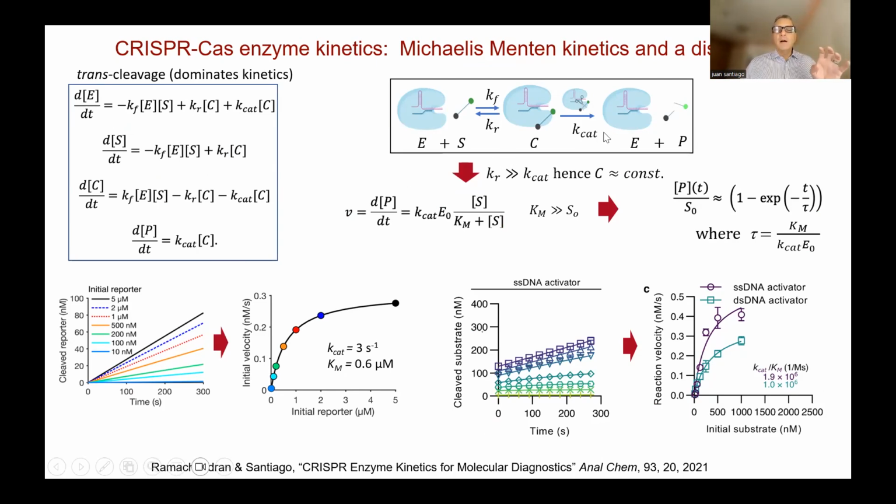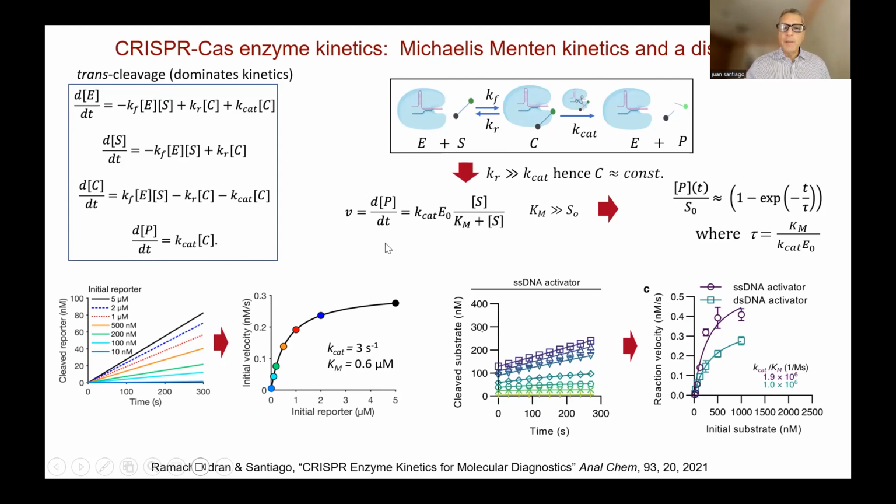Under the Michaelis-Menten approximation, where the complex concentration is relatively steady, you can have this simplified equation for the velocity of the reaction, where the rate of production of product, in this case cleaved reporter, scales with this kcat, which I've already mentioned, the catalytic conversion rate, and this Km, the Michaelis-Menten parameter, which is defined as the sum of the off rates from this complex state, so the reverse rate here and the catalytic conversion rate, divided by the forward rate.